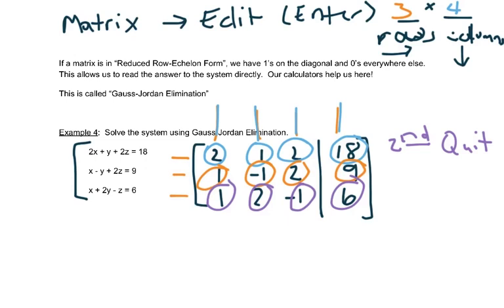Now to do something with that matrix, we have to tell the calculator what to do. So after we've got that matrix entered, we're going to go back to matrix, and then arrow over to math, and then hit enter. When we do that, we have to choose what math we want the calculator to do.